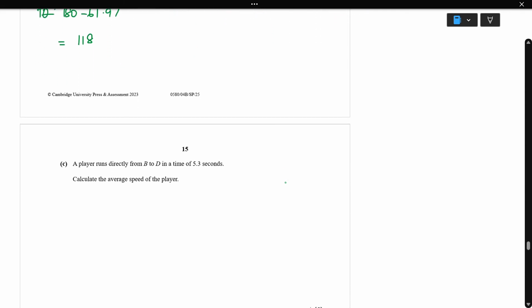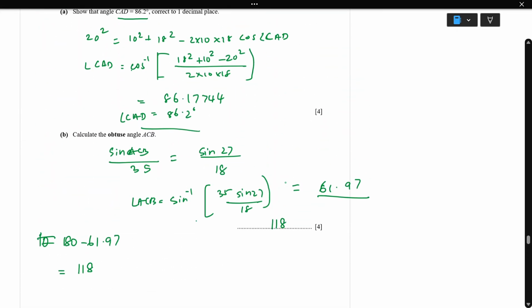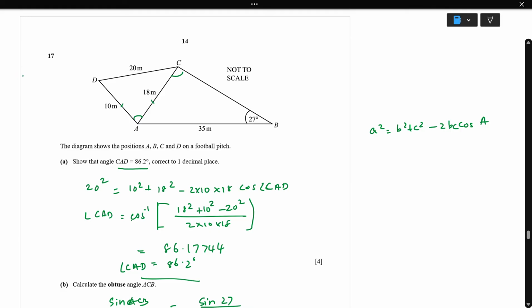Next, a player runs directly from B to D. Where is B to D? Here. We need to find this entire length. This angle we already know is 86.2. This one is 118.